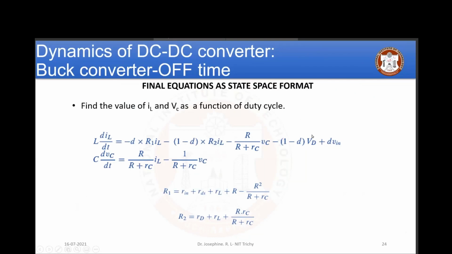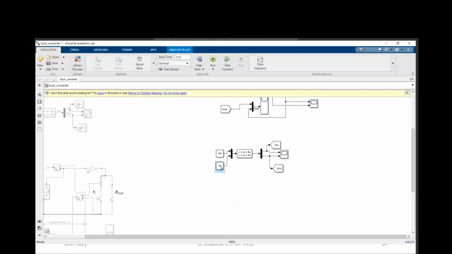Do I have to consider it as a constant or what? If it is a constant, where do I have to include that? So again, you are going to consider this as a separate input to eliminate perplexity. That is why I'm taking my diode drop as a separate input and VDC as a separate input using a mux. I have given that as input to this.